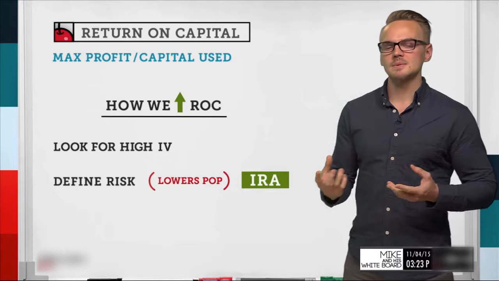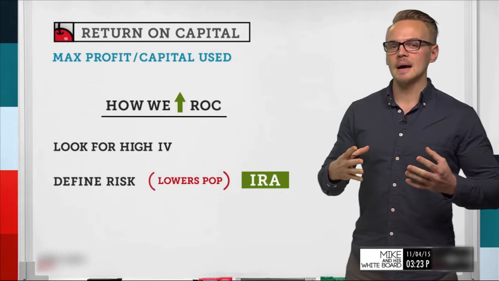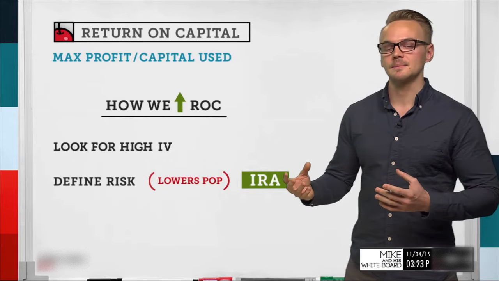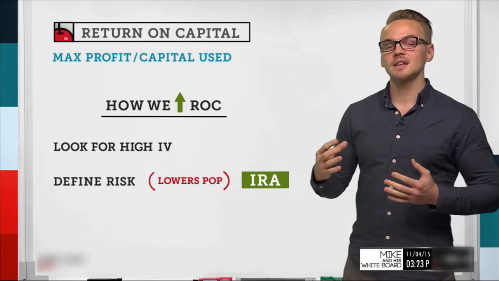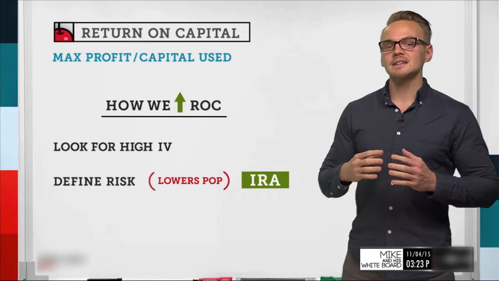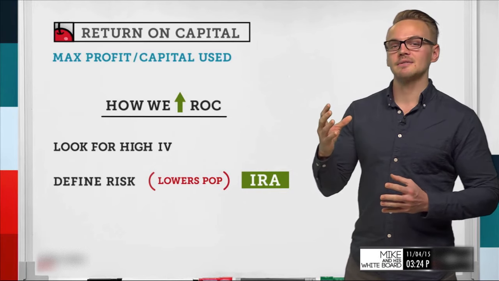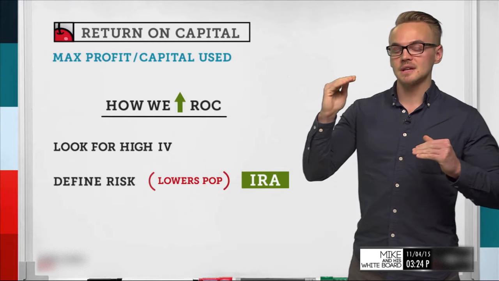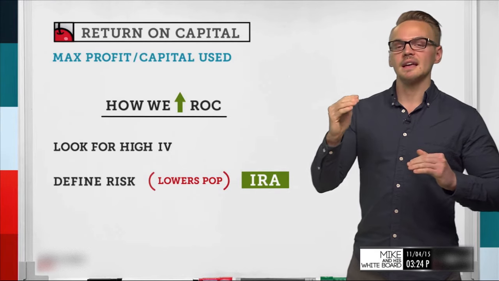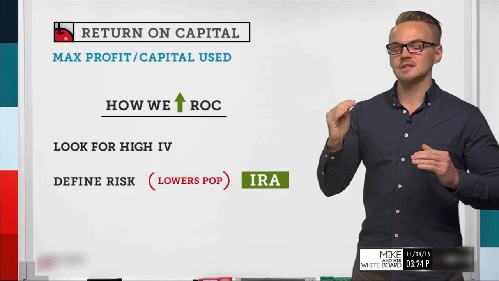So what we talked about in previous whiteboards is option prices drive implied volatility. So if option prices are higher, that must mean that implied volatility is higher, which means that I can sell the option in a high implied volatility environment for more than I could sell the option in a low volatility environment. And that difference is going to be that difference in return on capital.